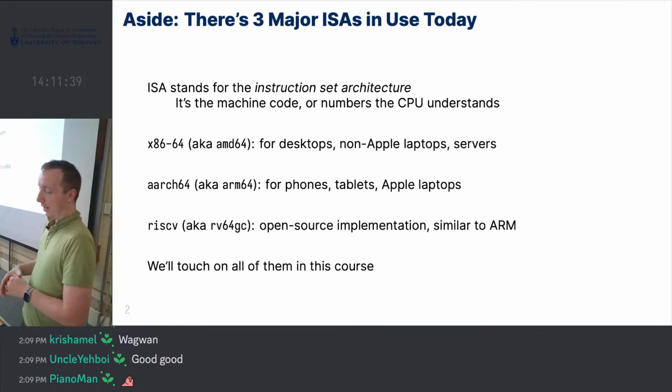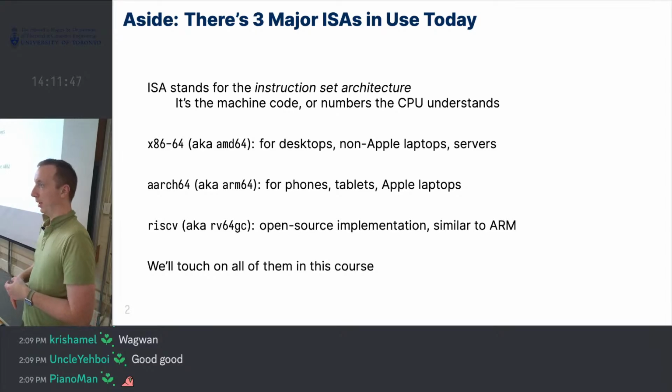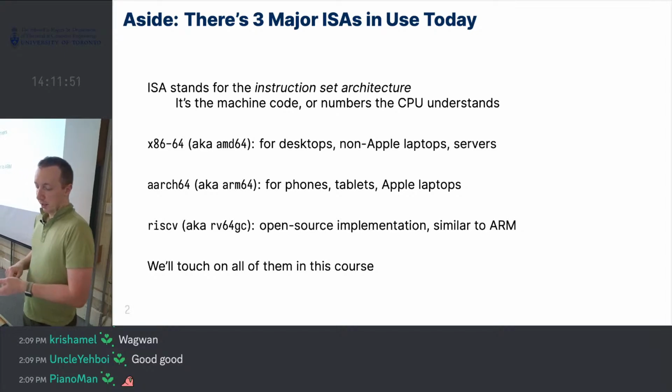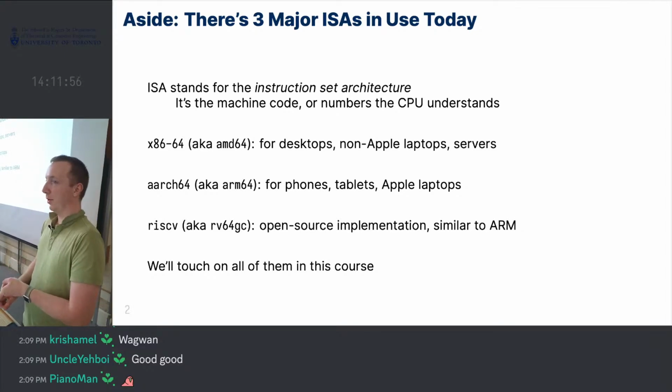Then there's AArch64, which might be called ARM64. Those are the newer MacBooks. Those are your phones, and close to what you had in the computer organization course, that fun ARM processor. And then there's RISC-V, which is like an open source implementation similar to ARM.